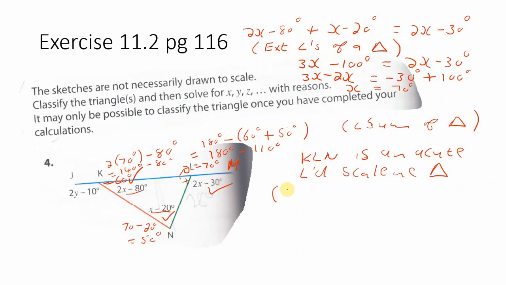Reasons being: all angles smaller than 90 degrees and all angles unequal.